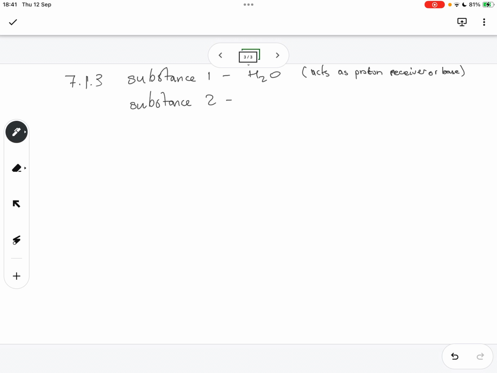and H3O plus. Now those are for the forward reactions, the reactions going from left to right.